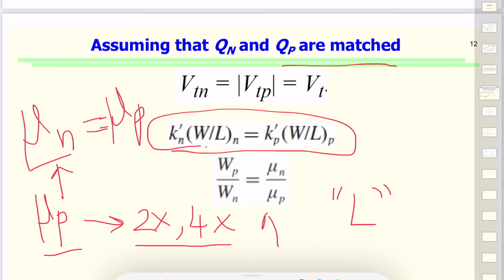So from this, we can get this satisfied. And if we get that, then we would get symmetric transfer characteristics for both, and they both will have equal current driving capabilities in both directions, whether it's pull up or pull down.